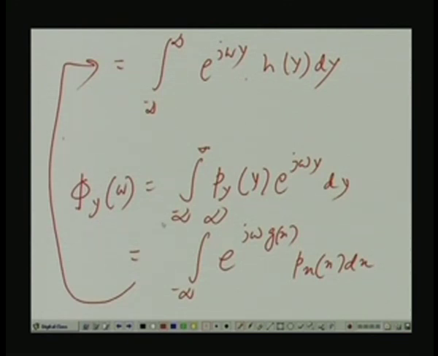Then just comparing this with this, you can see that h y should be equal to p y y. Okay. So, we first write this equation, then try to write it in this form. Whatever h y comes out, that will be equal to p y y. We just consider an example and then we call off.